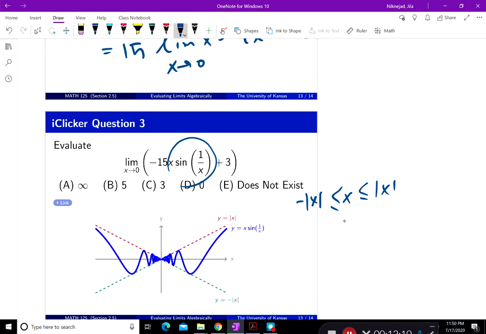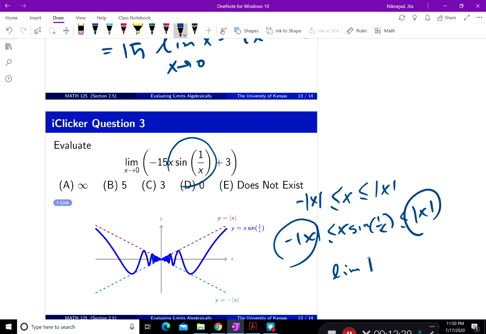Because for the two outer functions, the limit of the absolute value of x as x approaches 0 is equal to 0, and the limit of negative absolute value of x is the same thing also, that means by the squeeze theorem, this limit is equal to 0.